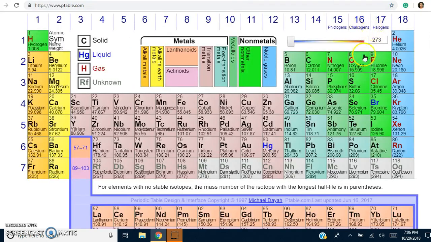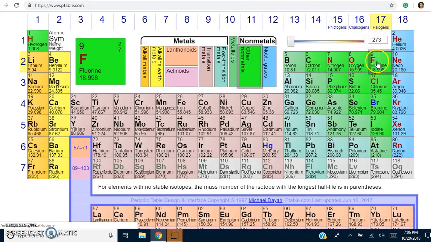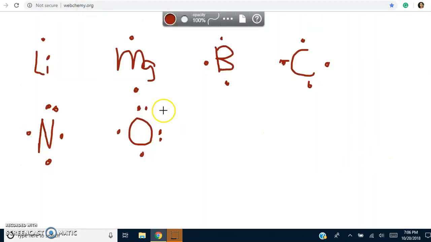The next one we would do is fluorine, and it's 7A. So fluorine would be F with 7 valence electrons. There's 1, 2, 3, 4, 5, 6, and 7.